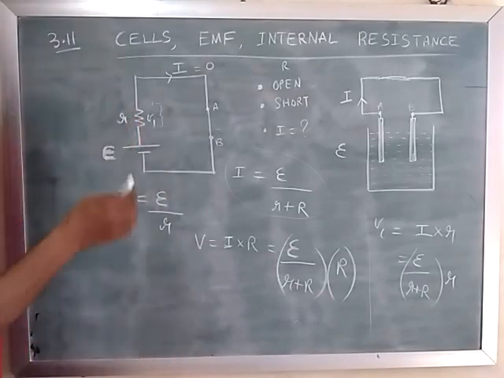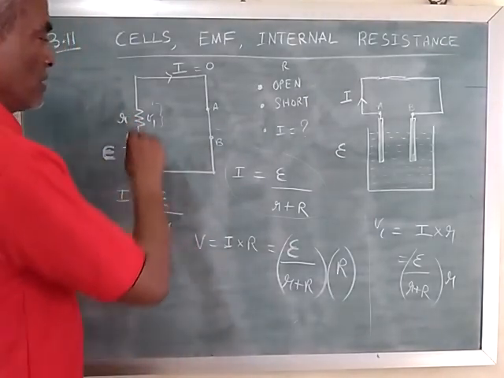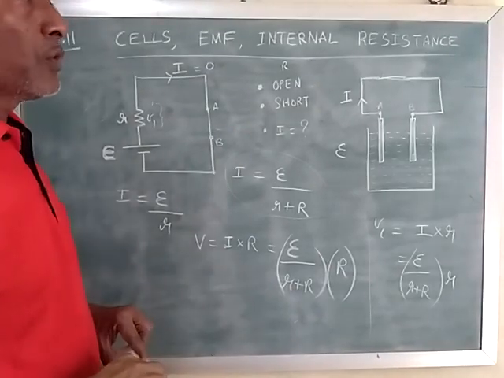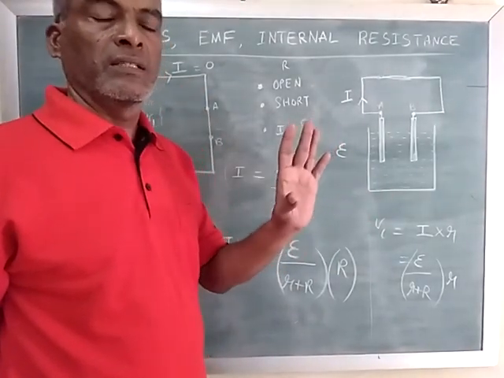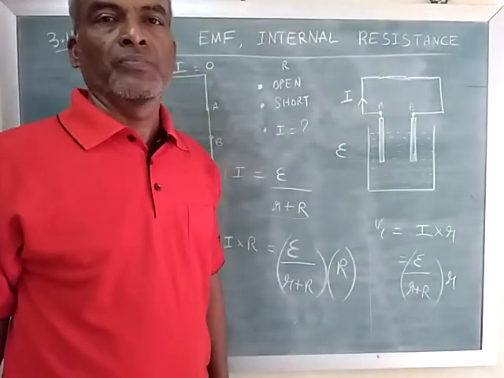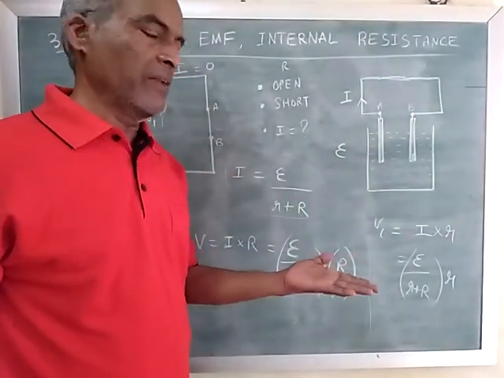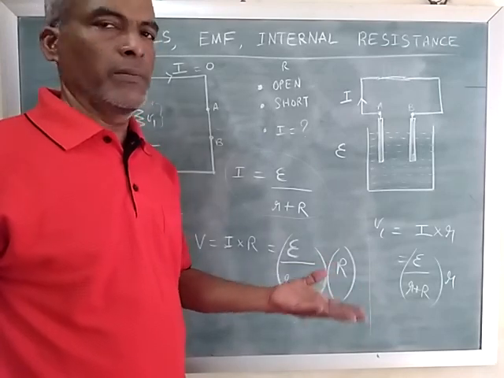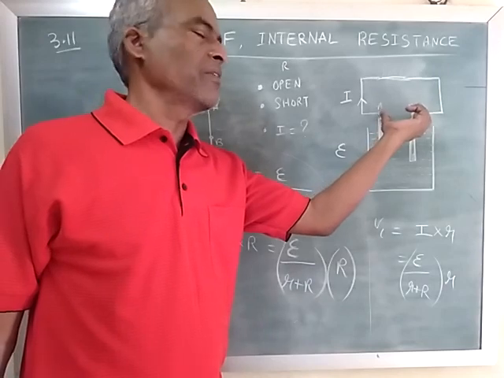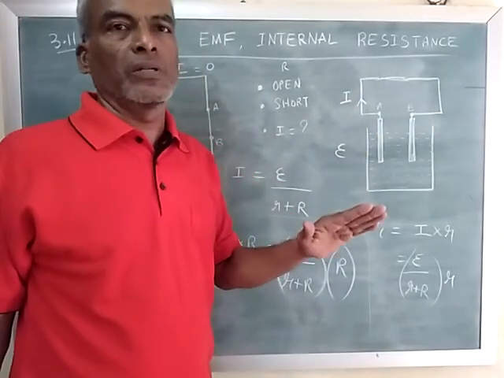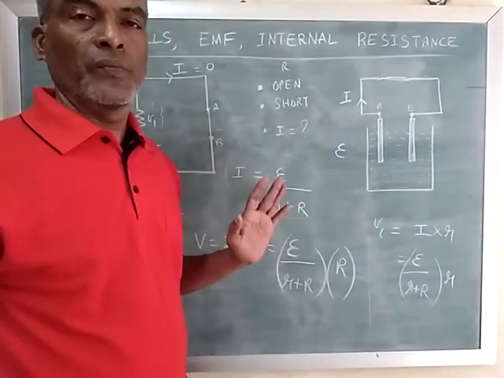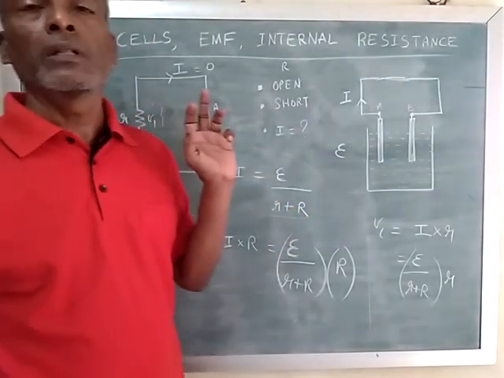Since this resistance is very low, the current flowing in the circuit is very high. So you should be very cautious. You should not short these two terminals. Any battery, say car battery, bike battery, any cell, the positive and negative end terminals should not be short circuited. Infinite current will flow, maximum current will flow, because r value is negligible.